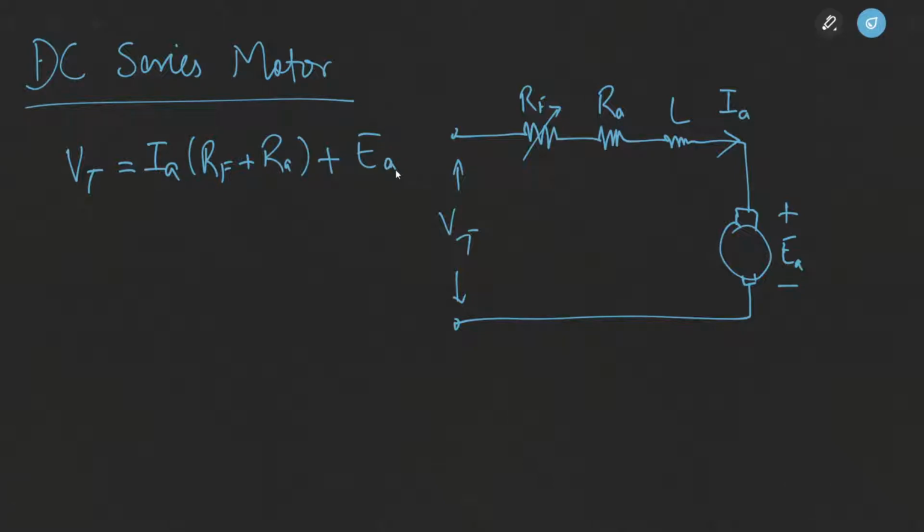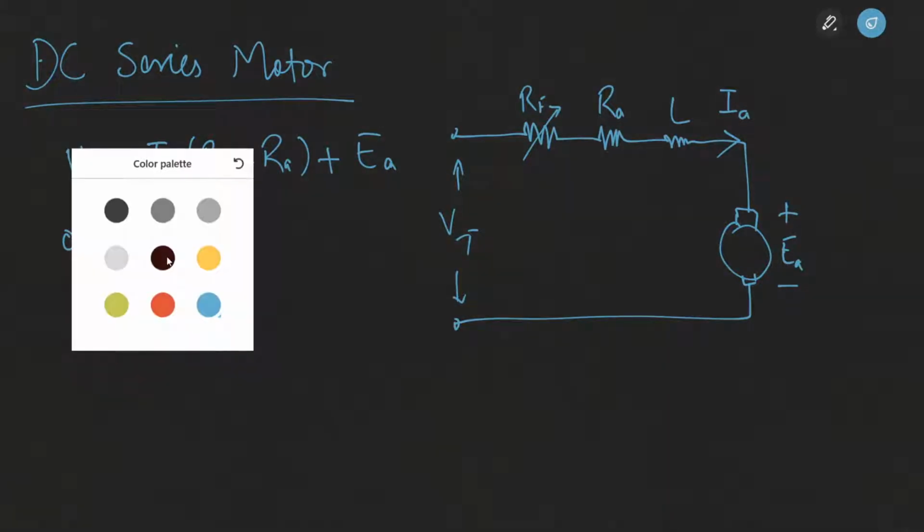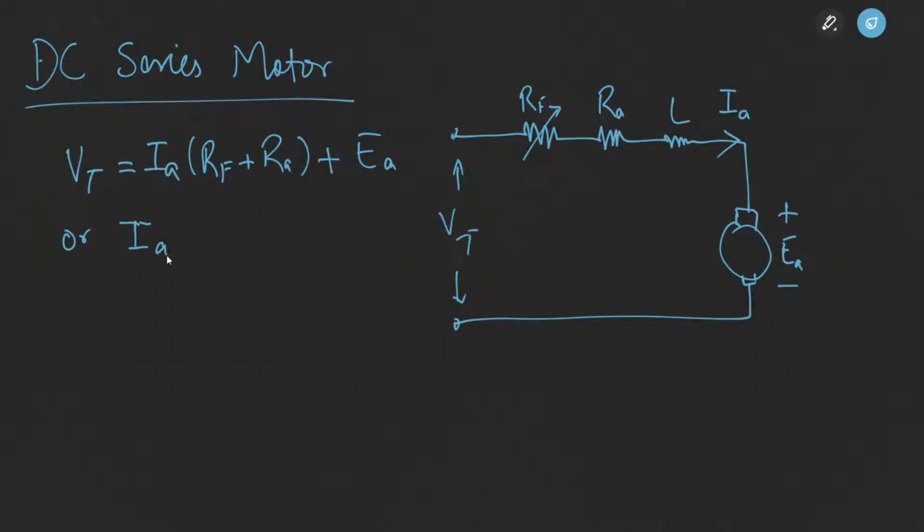Our terminal voltage will be given by this relationship, or we can also write from here Ia is equal to (Vt minus Ea) divided by (Rf plus Ra).